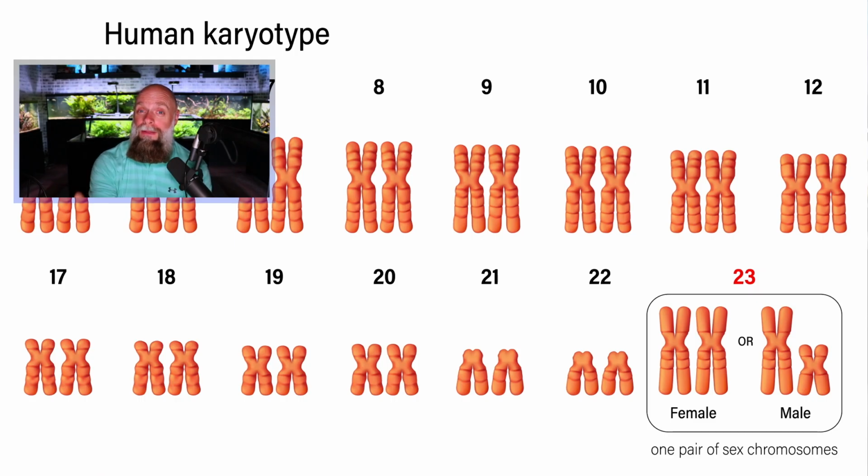The other X can be the one that's expressed in a different cell, and the bar body can be the opposite X chromosome. So females, 2 Xs, males, XY. Let's take a look at how this plays out when we're dealing with X-linked traits or X-linked characteristics on the X chromosome.